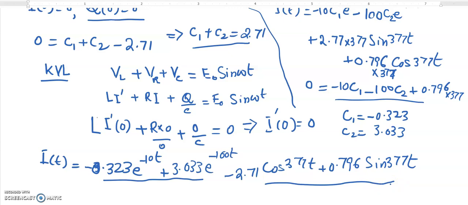So we have a transient solution and a steady state part in this case. Okay, so that completes the topic of the RLC circuit. You should solve some more numerical problems, and then you will be able to better understand this topic.